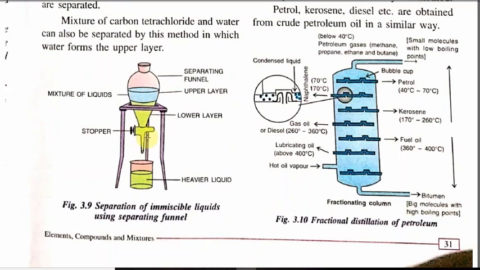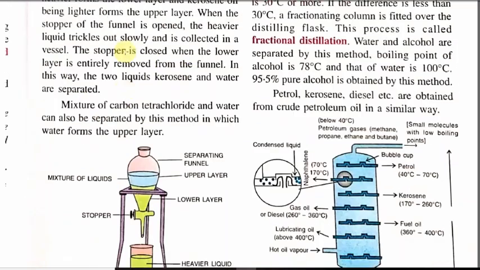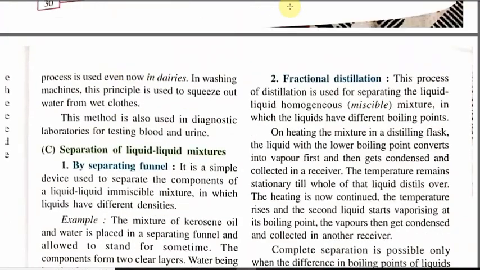Water will slowly go down here, and we have to be very careful. When all the water goes down, we will close the stopper, and then we can get the two parts separate. A mixture of carbon tetrachloride and water can also be separated by this method. So this is also a very useful method.